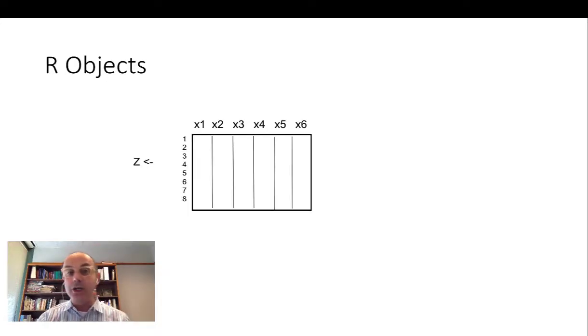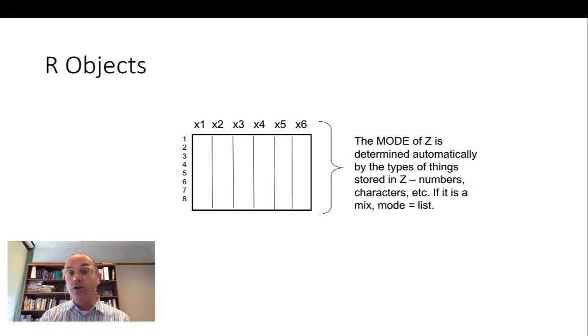So an object is basically, if I had to visualize what it consists of, I should have lines across, but it is a container of data or matrices or whatever you want. The mode of Z is determined automatically by the type of thing stored in Z, such as numbers or characters, and it can be a mixed mode or a list.